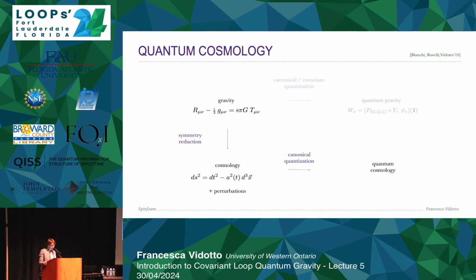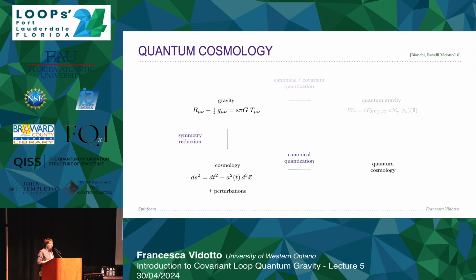So the development of quantum cosmology in general came as a way to make sense of that famous path integral, the integral over histories that we saw before, when people still didn't know how to solve the full theory. So then going to a symmetry-reduced sector of GR was a way to simplify the calculations.